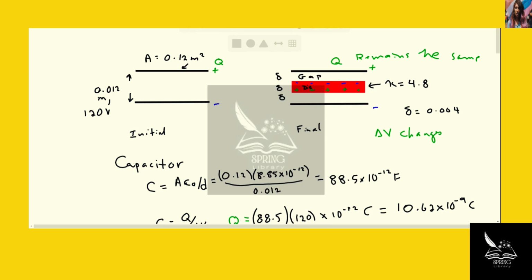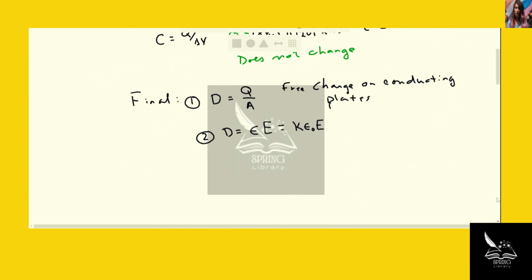There are two gaps, so once we find the electric field in one of those, we know the electric field in the other. Okay, so the electric field in the gap is equal to the D field over epsilon naught, or Q over A times epsilon naught.